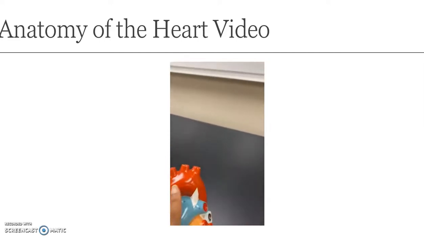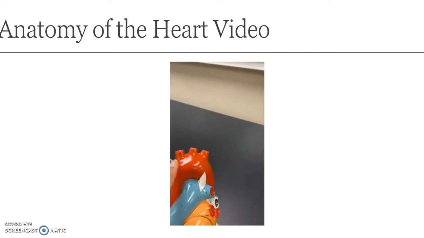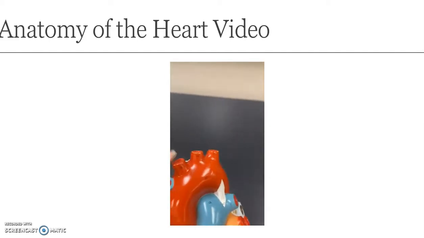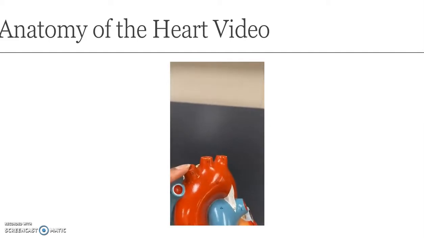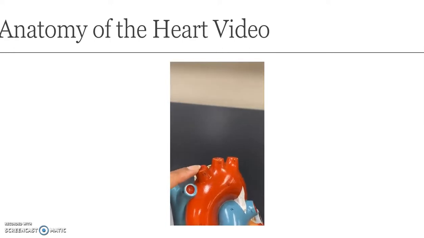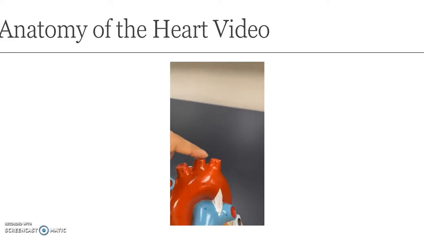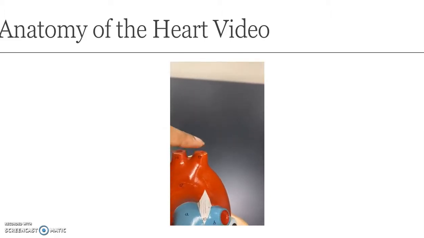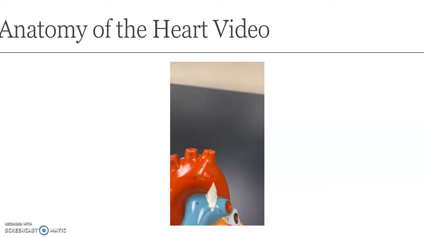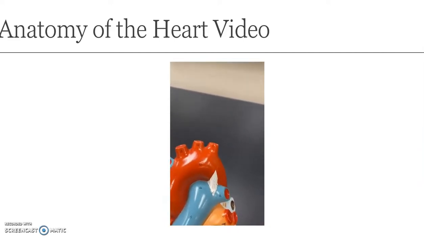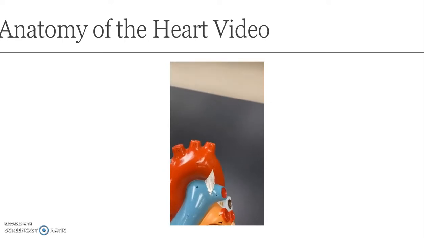Okay, now let's go back to the arch of aorta. You can see that it has 3 branches. Okay, 13 is going to be your brachiocephalic artery. Number 14 is going to be your left common carotid. And number 15 is going to be your left subclavian artery. Okay, so your carotids are going to supply your head and neck region.